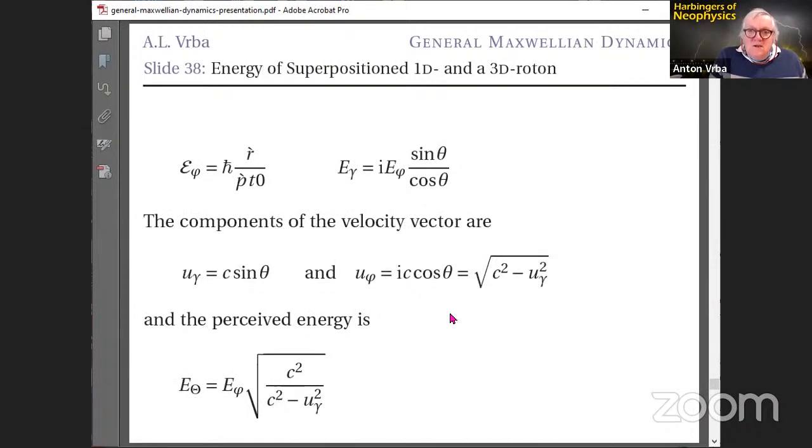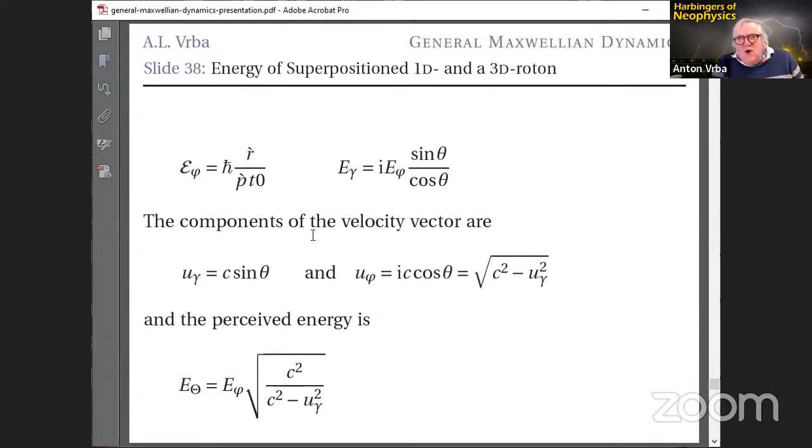Now, what does this come to? I've got the energy of the three-dimensional roton is h bar r over pt. That should be a sub 0, I must have made a mistake here on the slide.